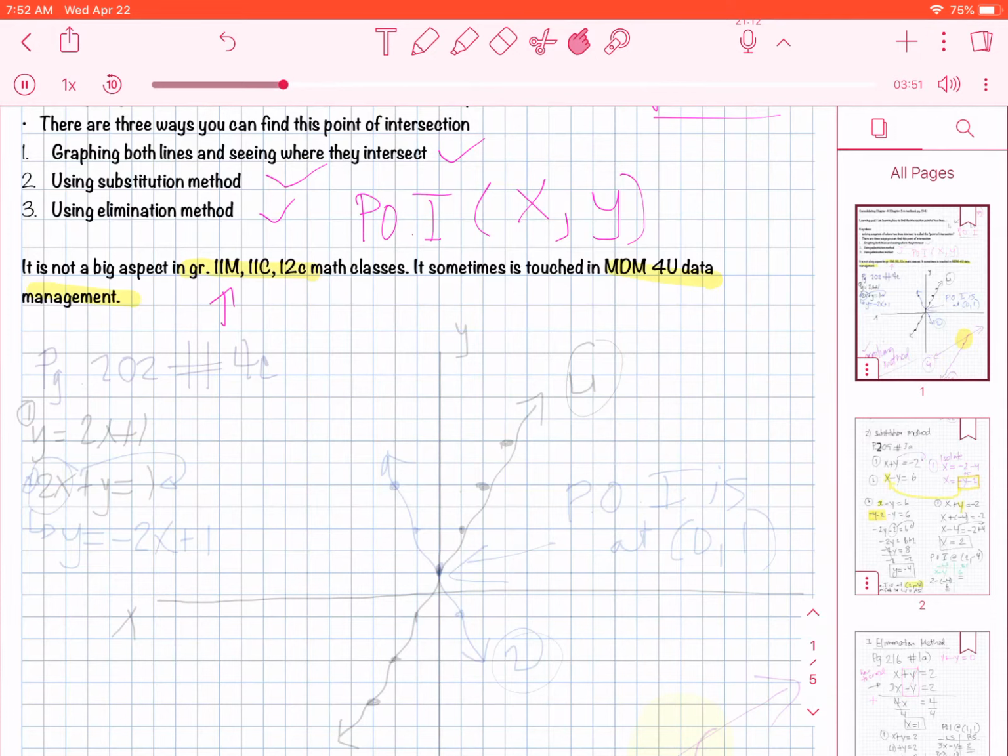Tomorrow, which is Thursday, April 23rd, I will start our new unit, and we'll have a heavier focus on it because we'll be talking about quadratics, which is more of a focus in your grade 11 program. Because linear systems, which is Chapter 4 for us but Chapter 5 in the textbook, is not a huge focus, I'm just going to lightly skim over it so you're still learning it.